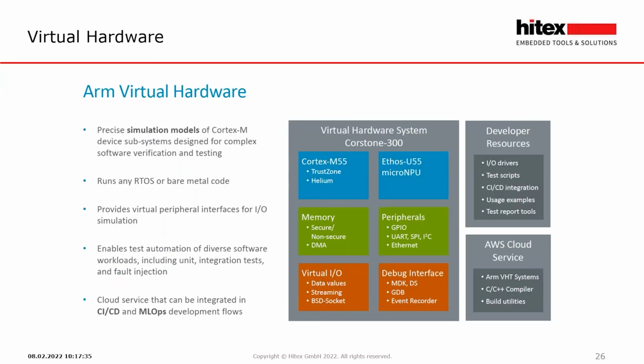Now, the other project that I want to cover today is the Arm Virtual Hardware. In the early days of Microvision, the debugger included a software simulator that simulated the Arm processor and also the microcontroller peripherals.